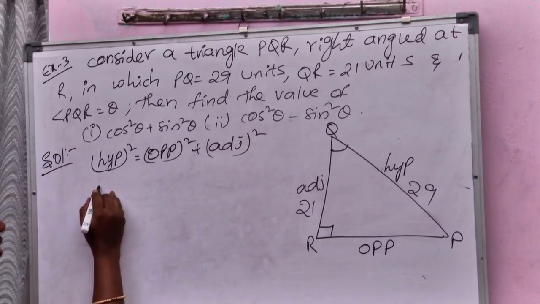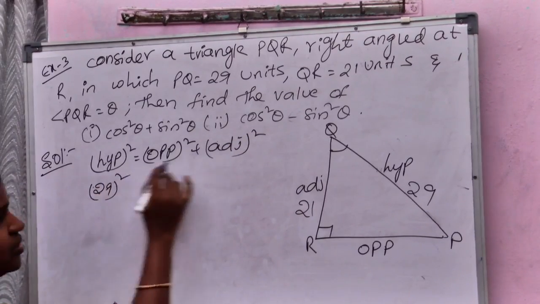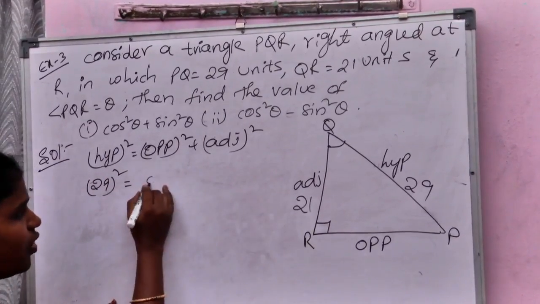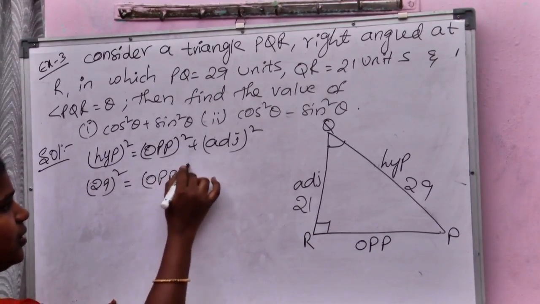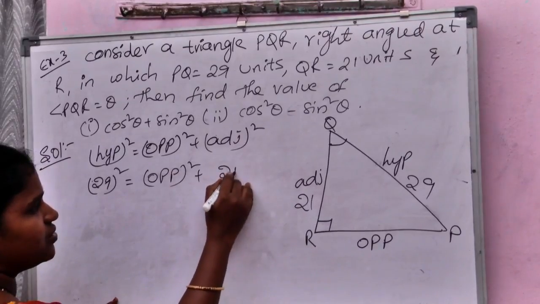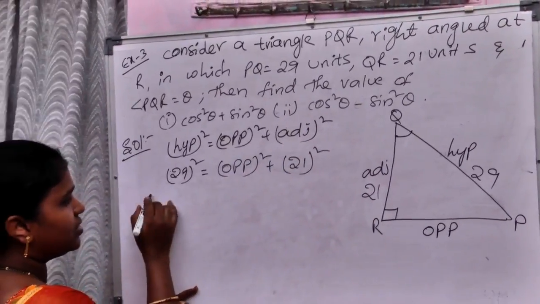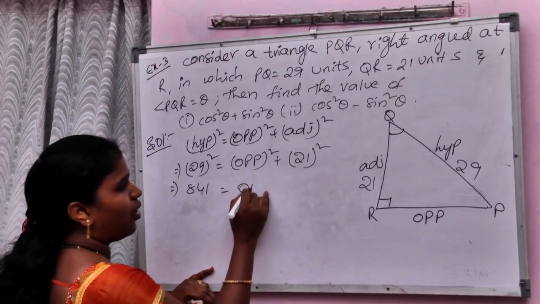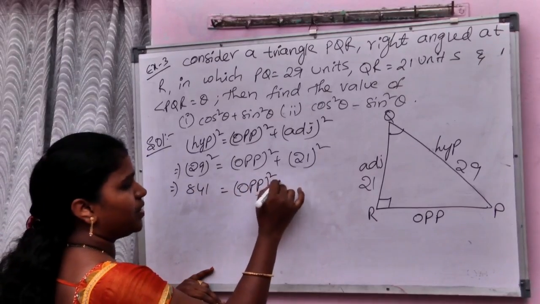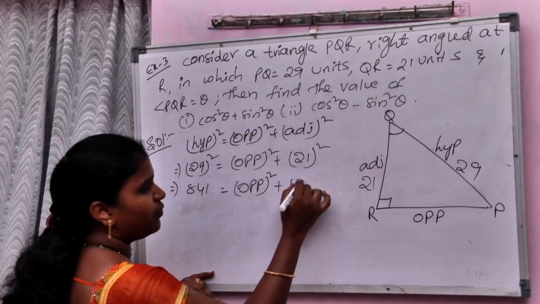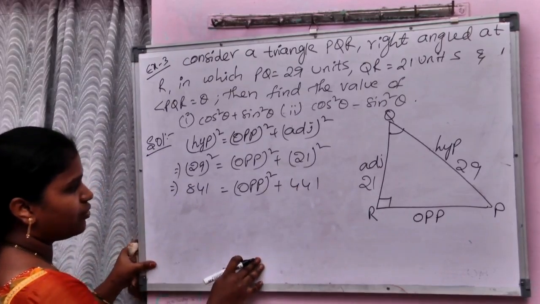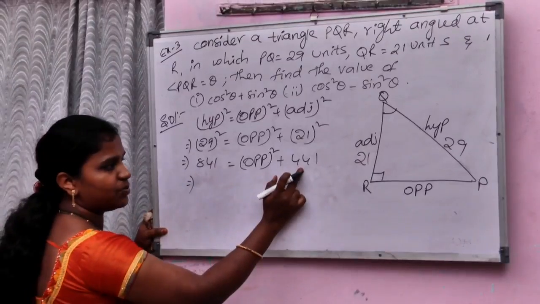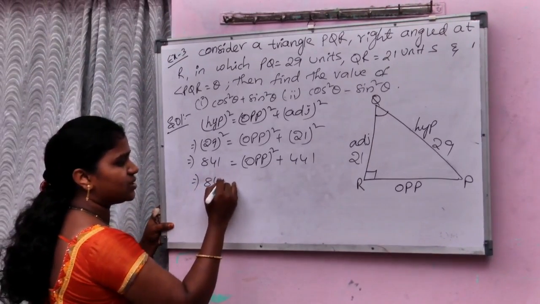The hypotenuse is given as 29 units, so 29 square, plus the opposite, which we have to find, plus the adjacent side, given as 21 units. 29 square is 841, equal to opposite square plus 21 square, which is 441. I have to find the opposite value, so take the 441 to the other side, where the plus becomes minus.